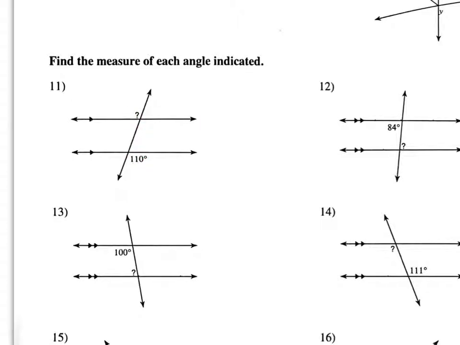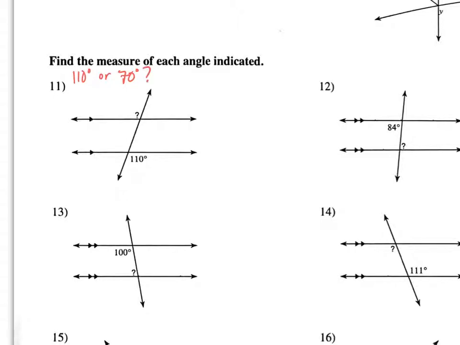If it's consecutive interior, then this and this have to add to 180 degrees. So what number plus 110 degrees is 180? That has to be 70 degrees. So the answer for number 11 will either be 110 degrees or 70 degrees, because that's what's required to make it add up to 180.